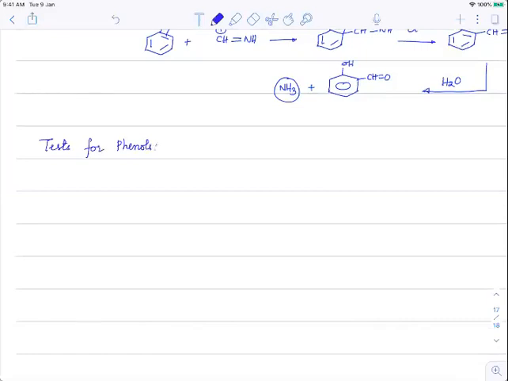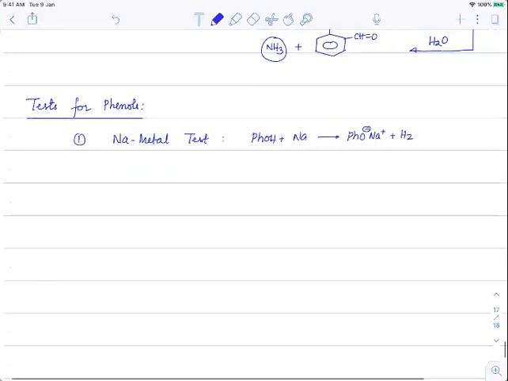So now the last thing we'll do is the tests for phenols. We have done test for alcohols, Victor Meyer test. What other tests can we check out for phenols? One, sodium metal test. When you react any phenol with sodium, you know that it will give phenoxide ion plus H2.